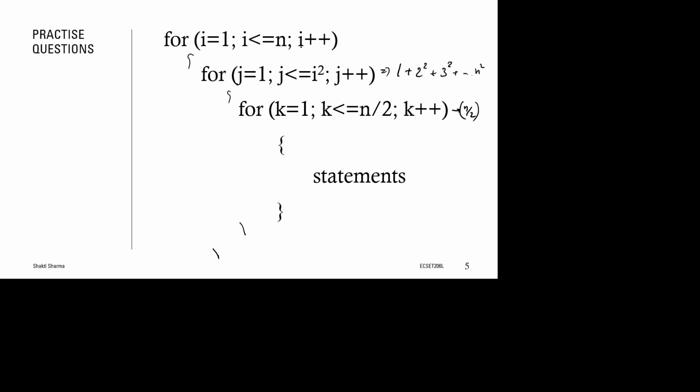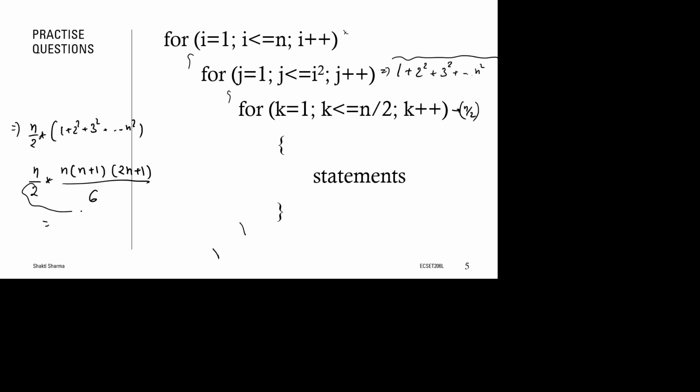Now we have already included the impact of this loop when writing the number of executions of this loop, so we don't need to consider this loop further here. So we can say that the complexity is n by 2 multiplied by 1 plus 2 square plus 3 square plus up to n square. This is the summation of squares of n natural numbers, and can be represented as n into n plus 1 into 2n plus 1 divided by 6.